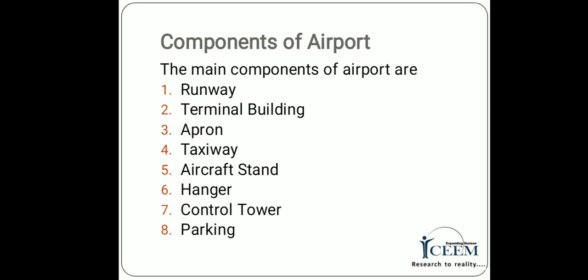The terminals can house cafes and bars to serve as waiting areas for passengers. Ticket counters, luggage check-in or transfer, security checks and customs are the basics of all airport terminals.